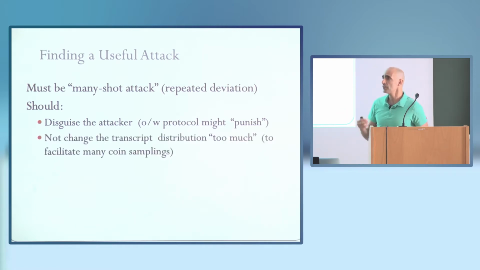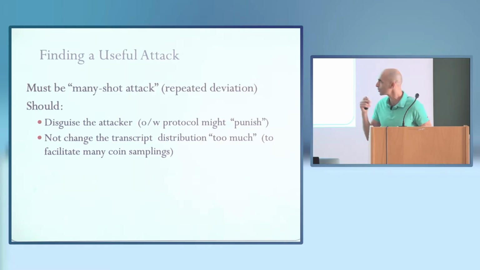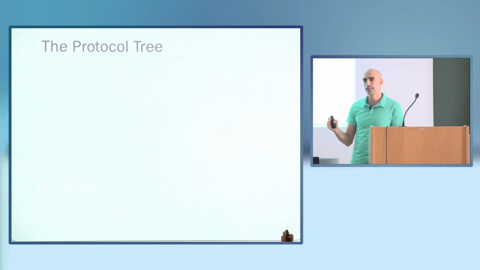Furthermore, if you are deviating from the distribution of the protocol by too much, then there would be no guarantee that you can invert the function anymore, that you can find consistent random inputs, random coins. So this should be in our head for all times. I'm going to describe the actual attack in a few slides.